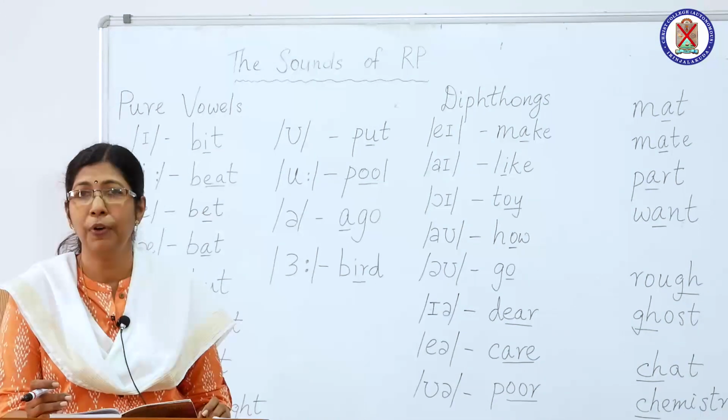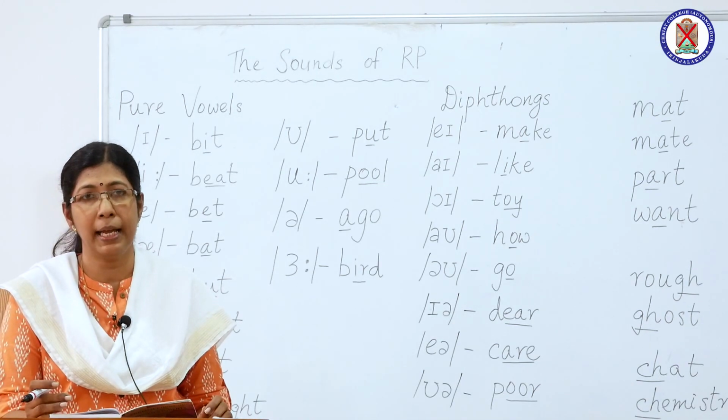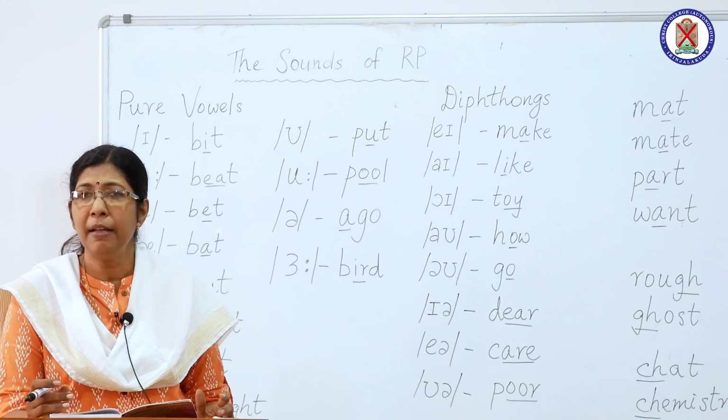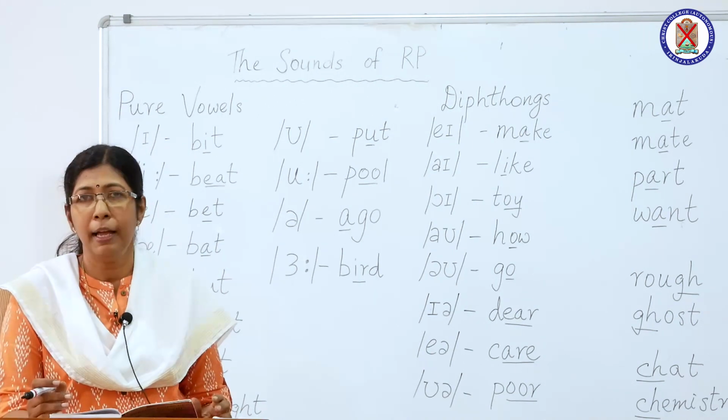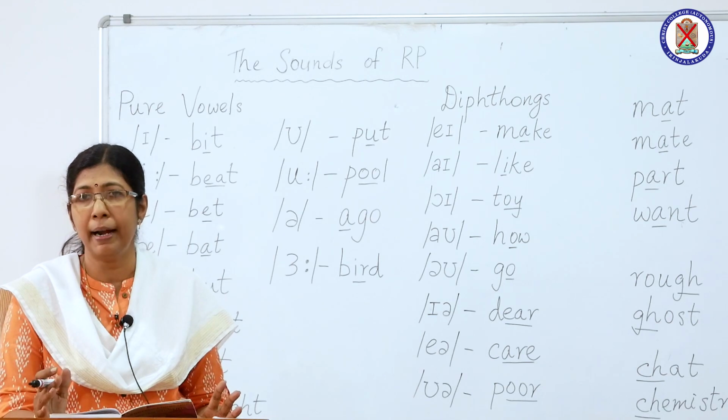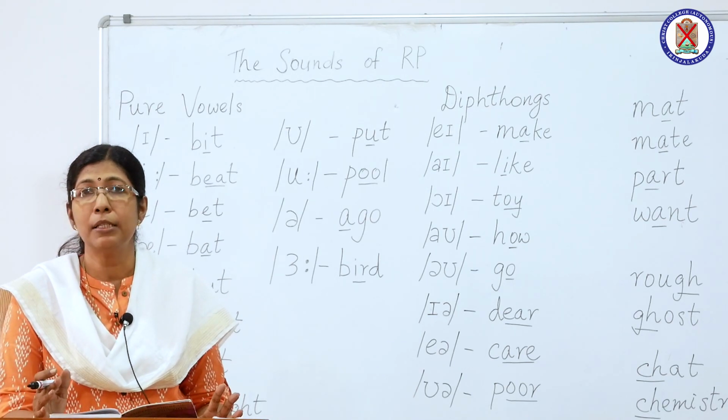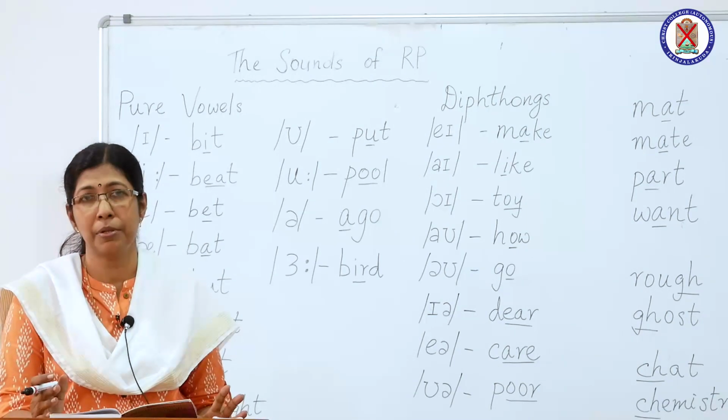RP stands for received pronunciation. There are many varieties of English. If we take just this one variety, it consists of 44 sounds.